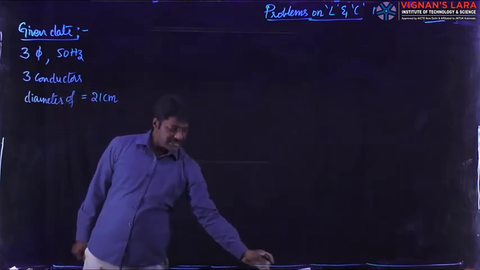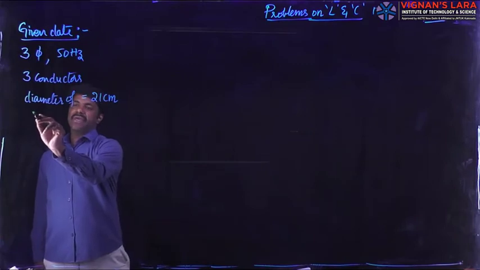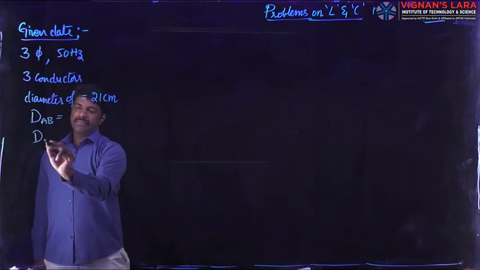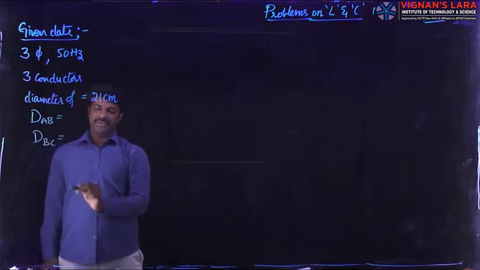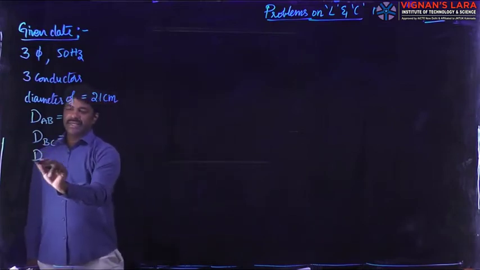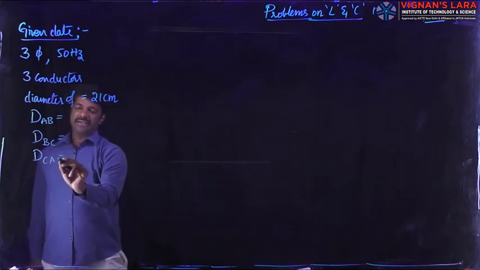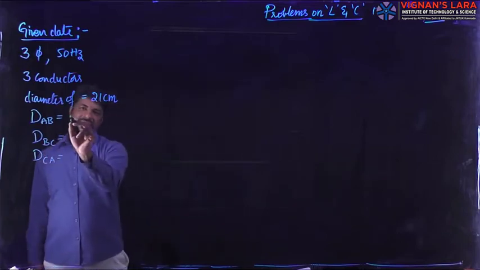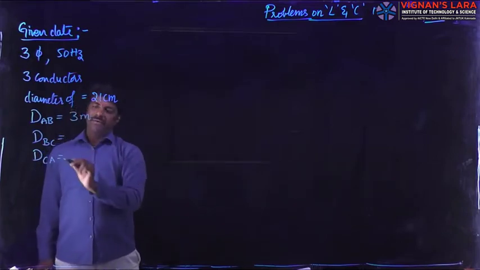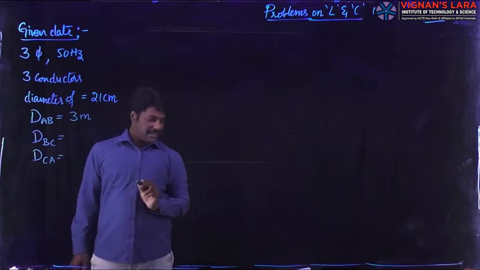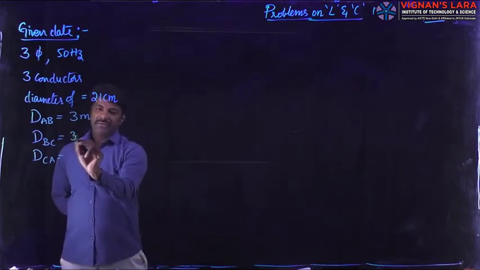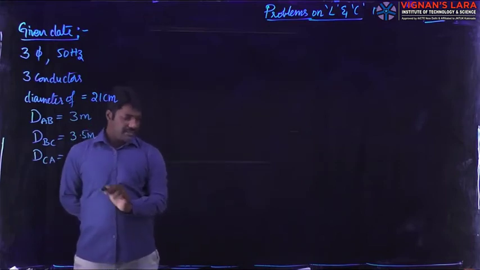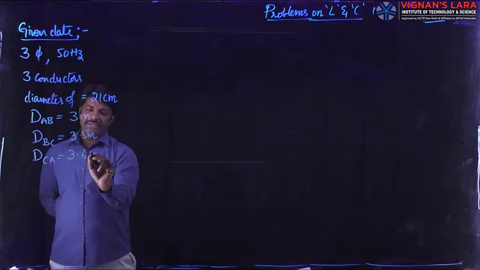Those unequal distances are: conductors A and B are separated with a distance of DAB, conductors B and C with a distance of DBC, and similarly conductors C and A with a distance of DCA. AB is separated with 3 meters distance, whereas conductors B and C are separated with 5 meters, and conductors C and A are separated with 3.6 meters.